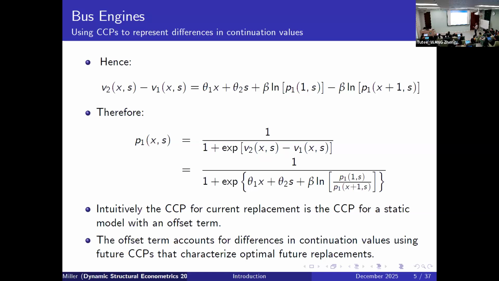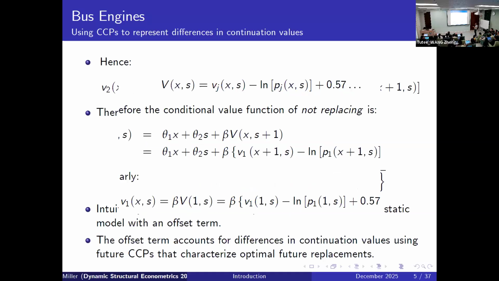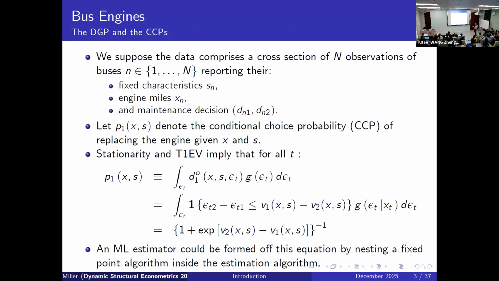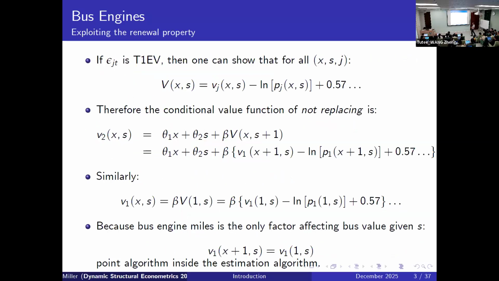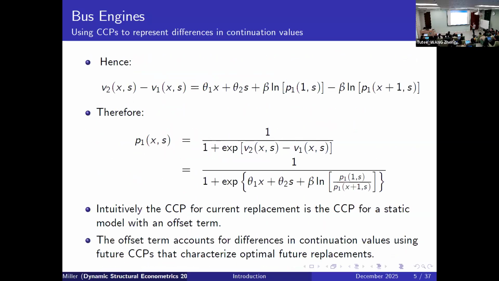Then you can get this probability working out this way, because V1 minus V2 is that, and I said something about what those conditional probabilities were. Here it is. We already talked about that a couple of slides ago. So now we have this one, that one, plug it in, this stuff which is on top, because they're logs.